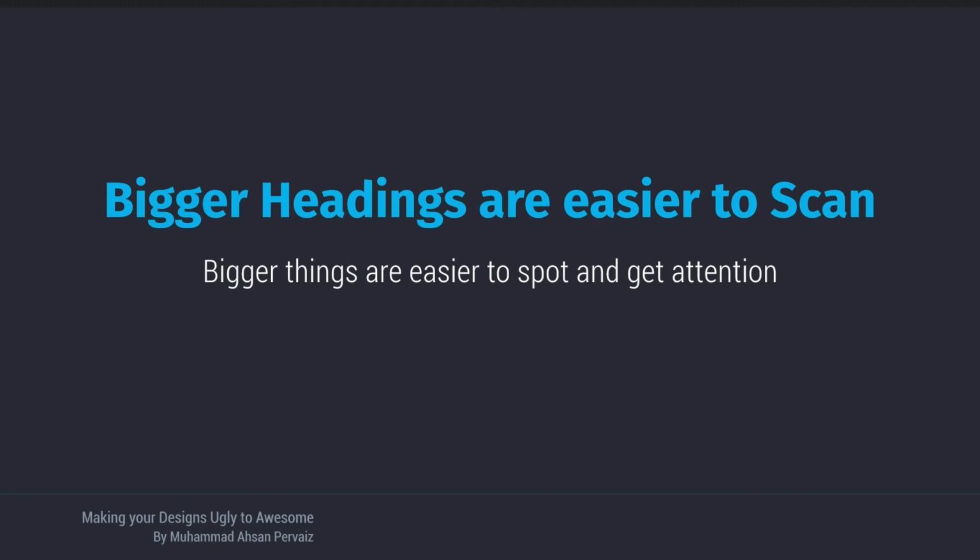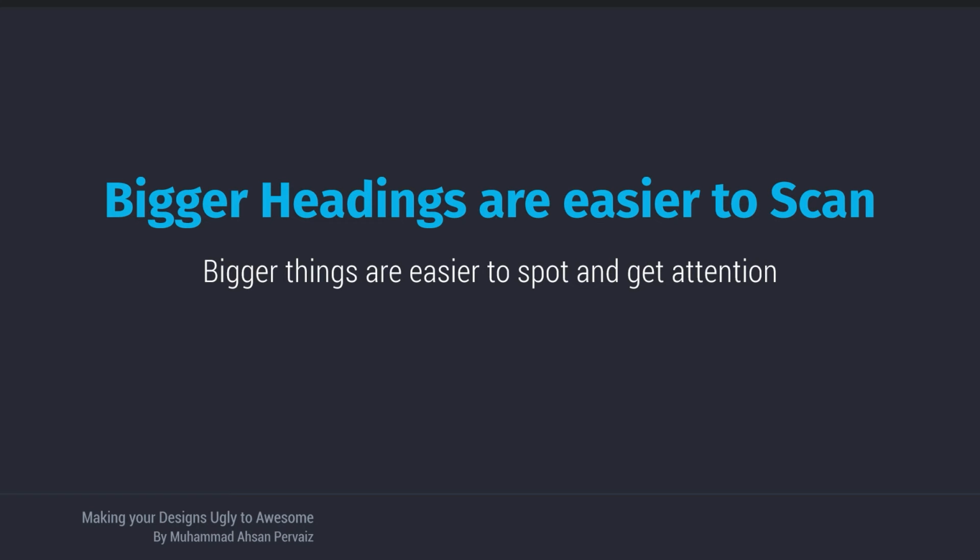If you ever read any newspaper or any blog article, you have seen that headings are much bigger and easily scannable, and they are bigger relative to all the other text and elements on the page, because they are going to grab the attention. They are easier to spot, and they are meant to be bigger because users are going to scan. So it makes it easier to scan everything. So this is another way of doing this.